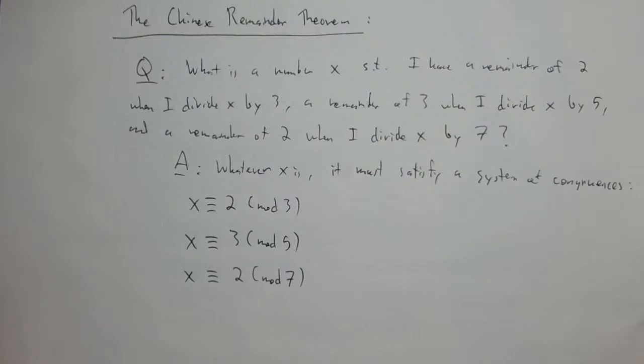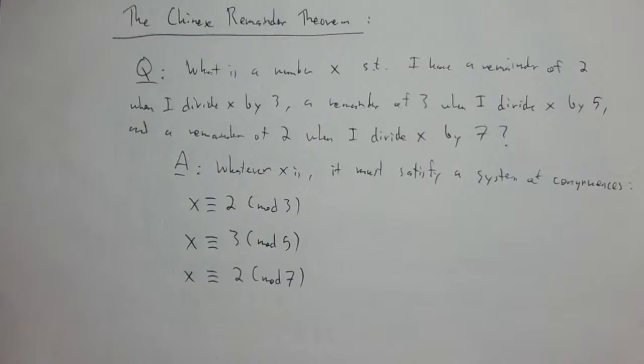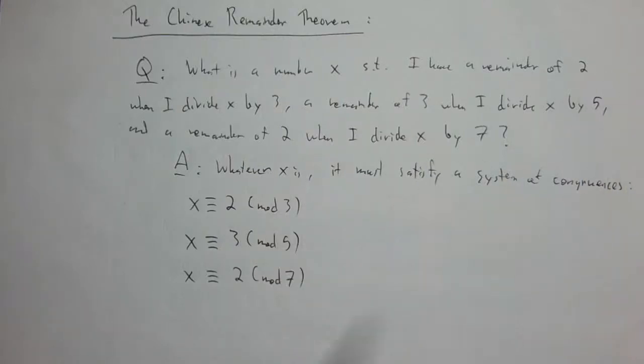So start out asking the question, what's a number x such that when I divide by 3, I get a remainder of 2. When I divide that number by 5, I get a remainder of 3. And when I divide that number by 7, I get a remainder of 2. So writing that in congruence language yields this system of congruences. Okay, and so that's what the topic of the Chinese remainder theorem is: essentially solving these systems of congruences.